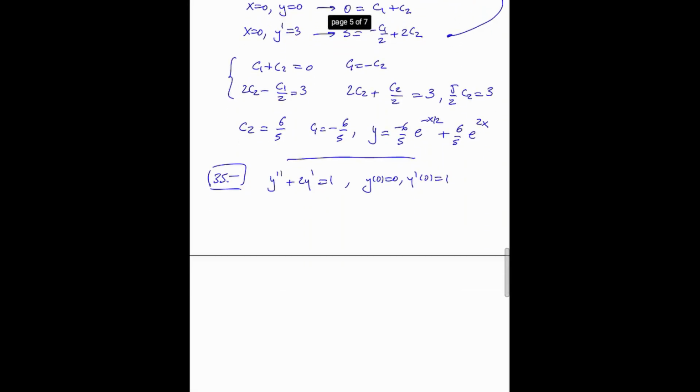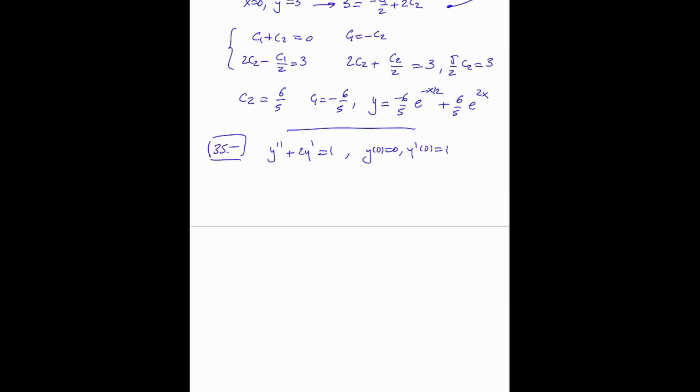This is again a linear equation of degree 2, non-homogeneous. Be careful: the order of the highest derivative is 2 because we have a second derivative. So the characteristic polynomial is lambda squared plus 2 lambda equals 0. To solve this, just take common factor lambda: lambda times lambda plus 2 equals 0.